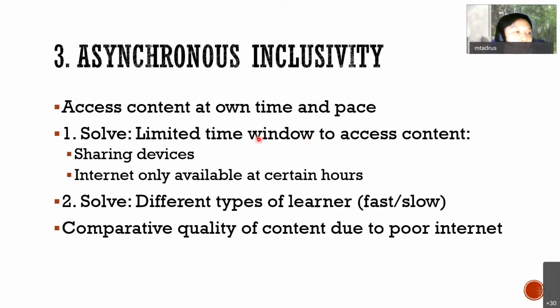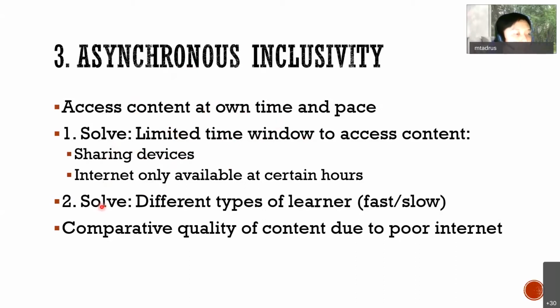In some rural areas, the internet is only available at certain hours. Certain hours the internet is good, certain hours it is bad. When it's raining, it becomes bad, and so on. So with asynchronous content, the student can do it at their own time and pace.